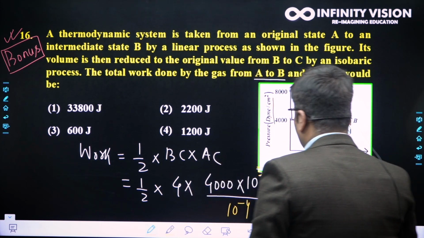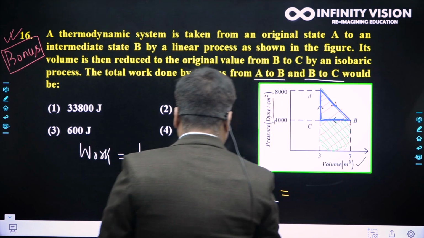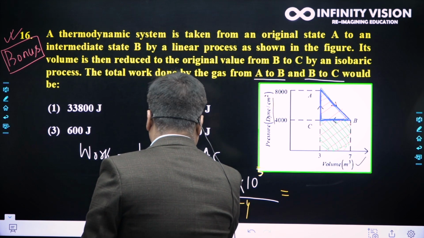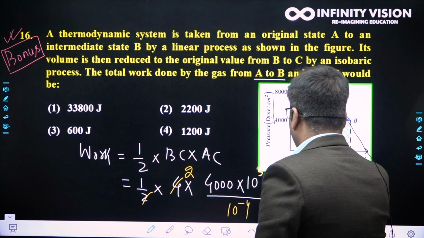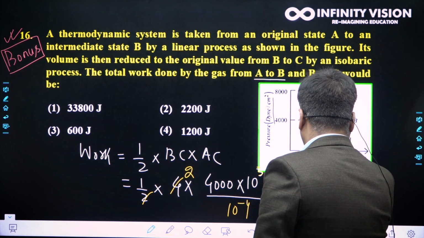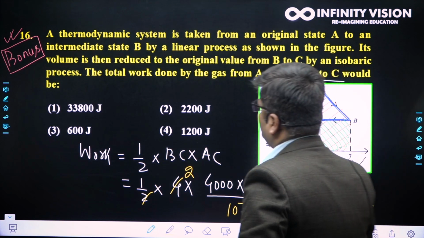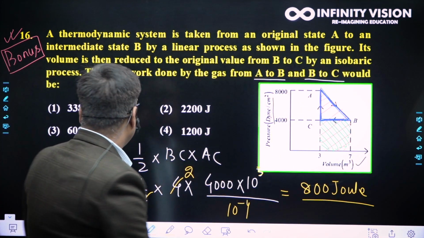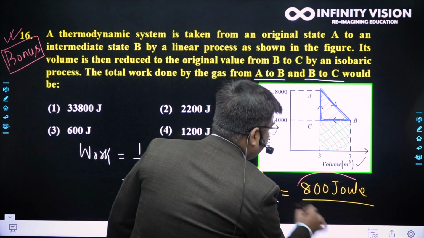So if we calculate from here, 4 2s are 8, and we will get 800 joule. But as you can see, none of the options provided in this question are matching. So this is a bonus question. The correct answer will be 800 joule.